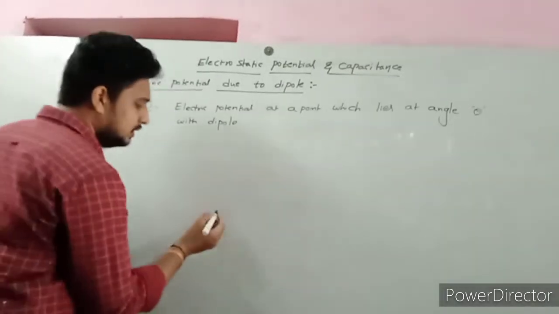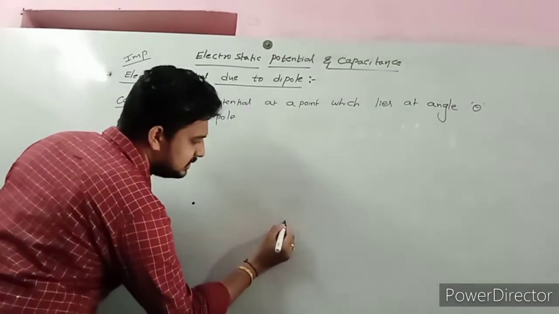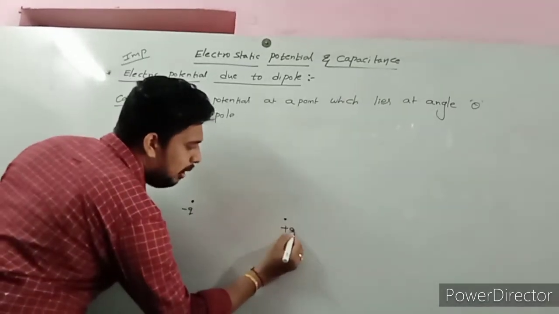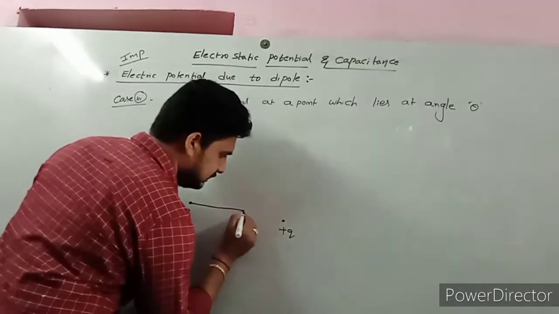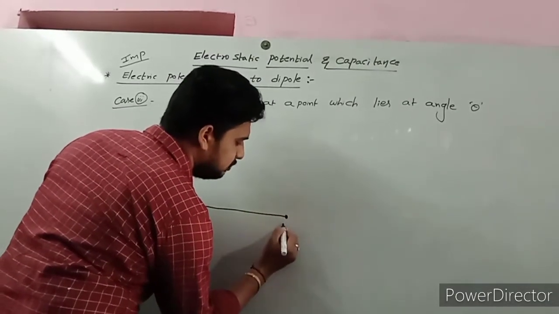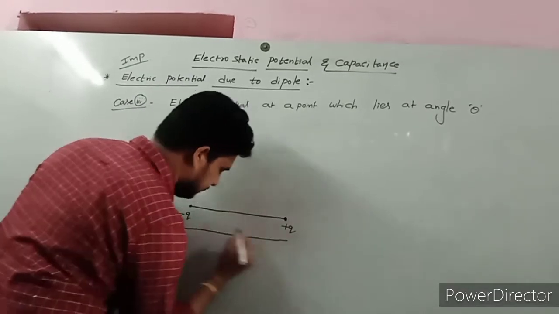For example, let us consider a dipole. You already know that a dipole means equal in magnitude, opposite charges separated by some distance.